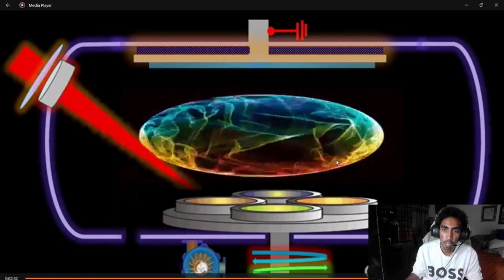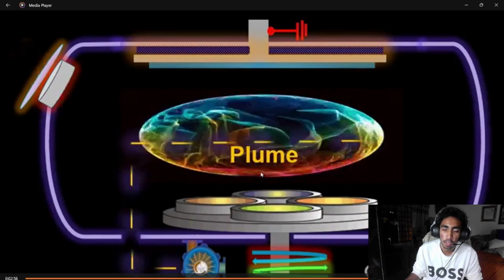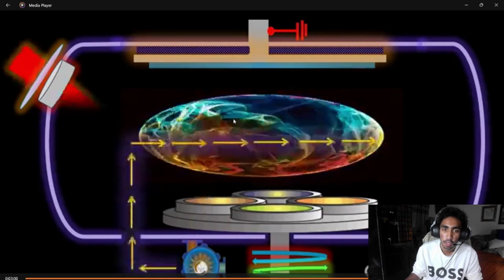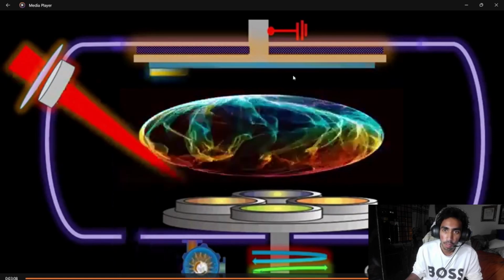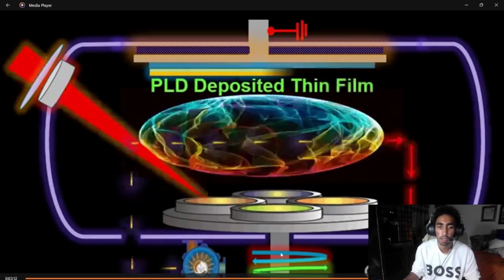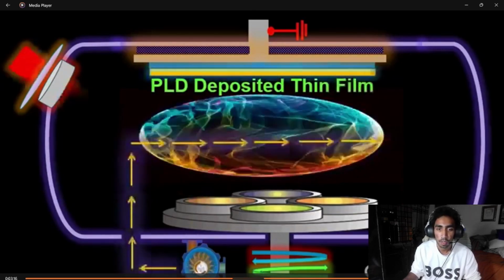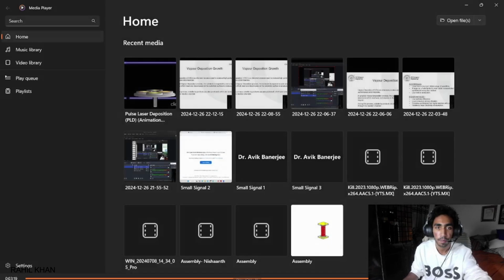You can see the plasma plume forming over here. It consists of the ions of the target material, and here is the layer of thin film that deposits through this method. So I hope it's clear.